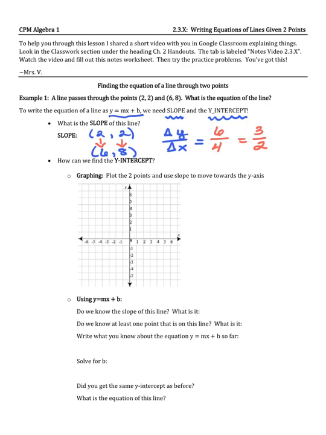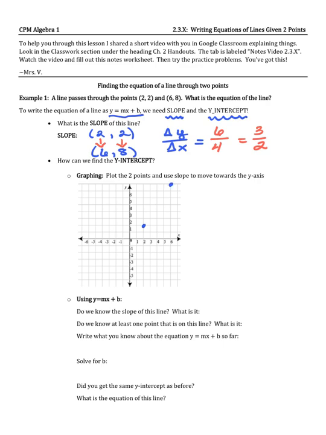Now that we have the slope, the question is how can we find the y-intercept? Well, in the past, what we did is we plotted the 2 points and we used slope to move towards the y-axis. So I'm going to do just that. I'm going to plot the point (2, 2) and I'm going to plot the point (6, 8).